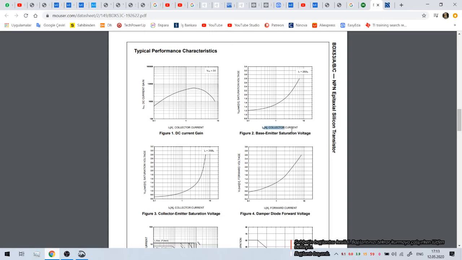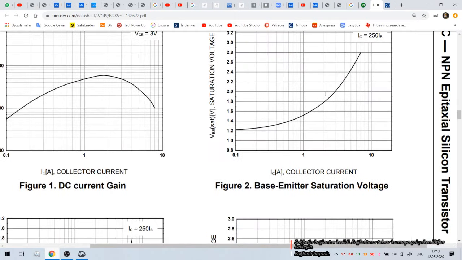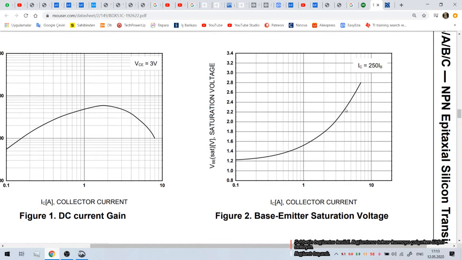This is collector current. I don't want to use it. I want to use base emitter current, but we need to use 4 amp, maybe 10 plus 10. 4 times 3 is 12 amp. Give some margin. Generally, give quick result. 2, 3, 4 amp.